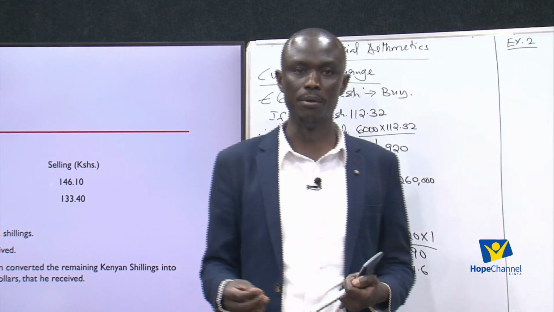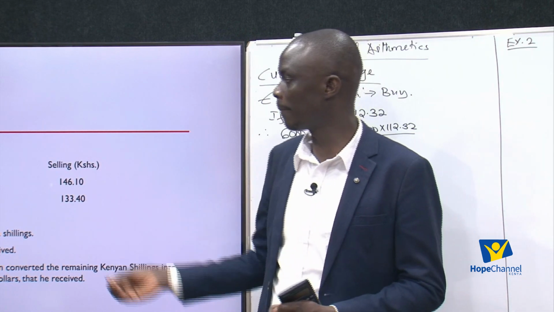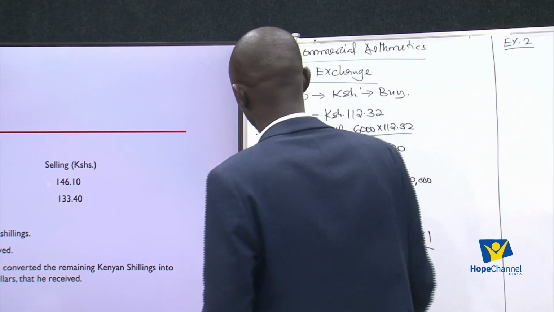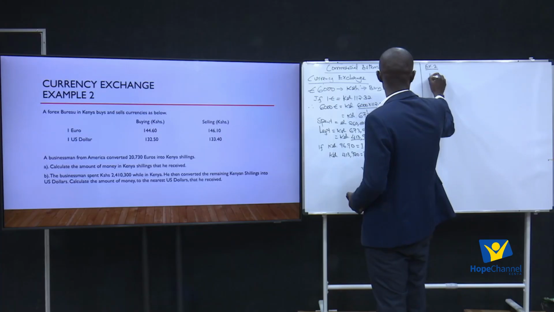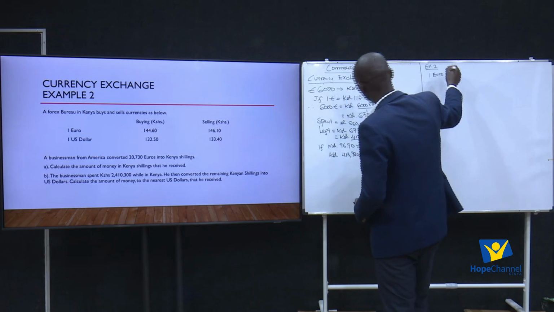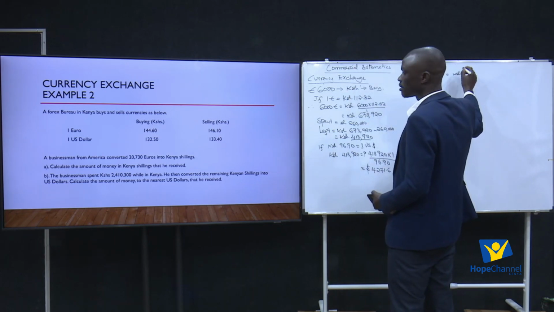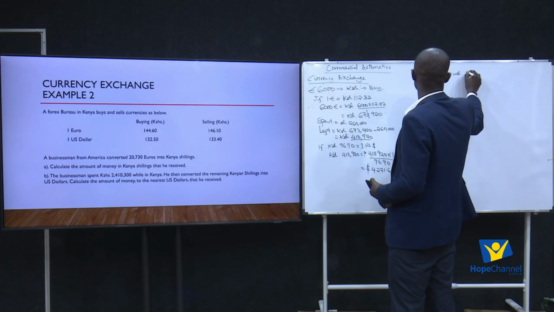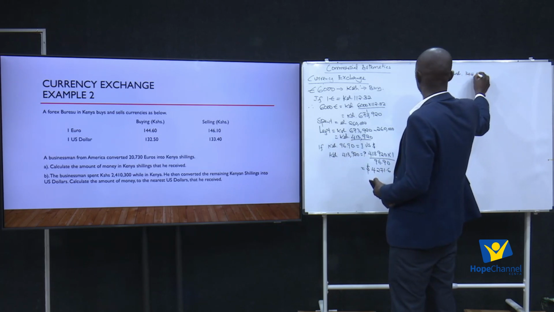What will the bank do? The bank will definitely buy. So we're just going to say 1 euro is equal to Kenya shillings buying 144.60.